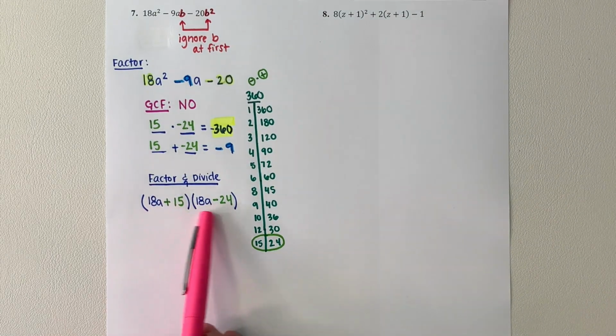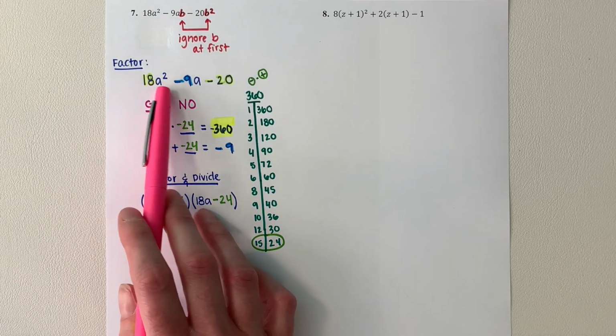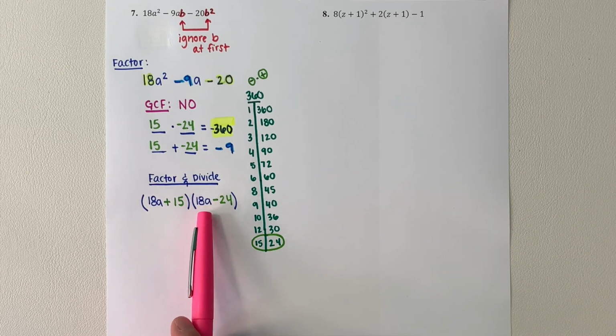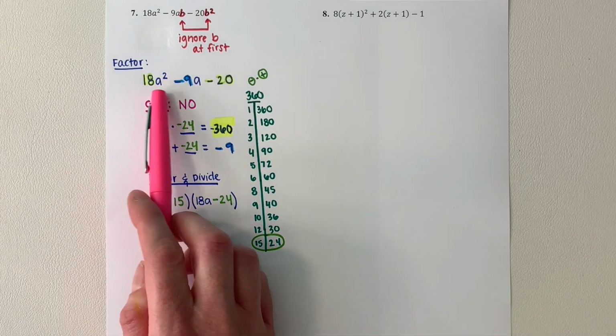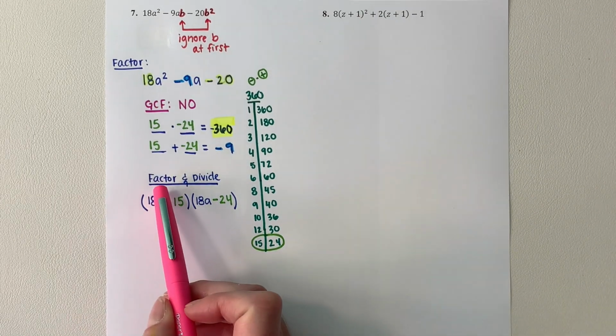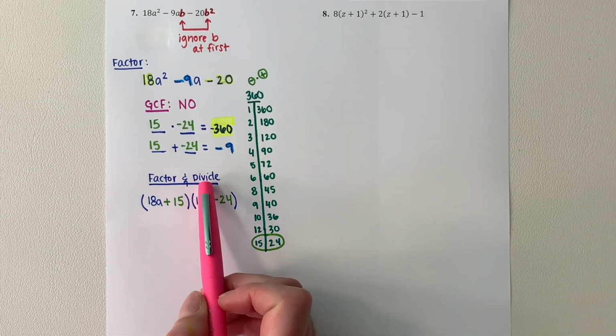Now, this is not the correct factoring, because we should be able to FOIL this out and get this expression here. But you can see if you were to FOIL, 18a times 18a will not give us 18a squared. So we need to fix something here. That's why we call this method the factor and divide method, because after you factor, you then need to divide.